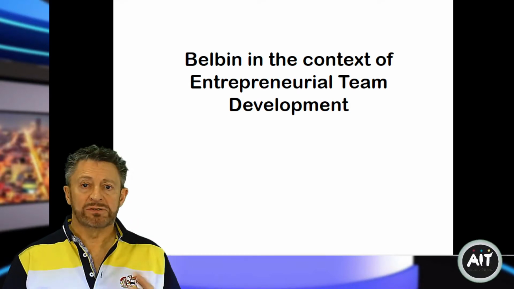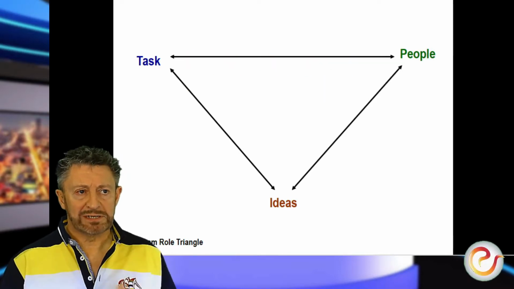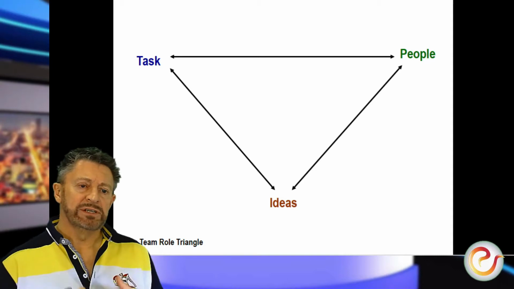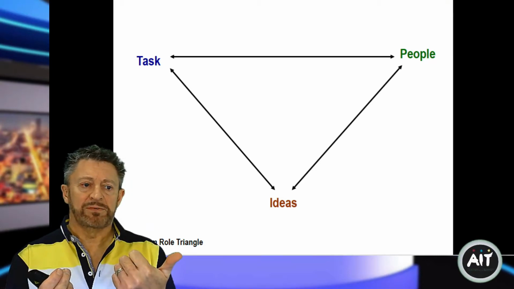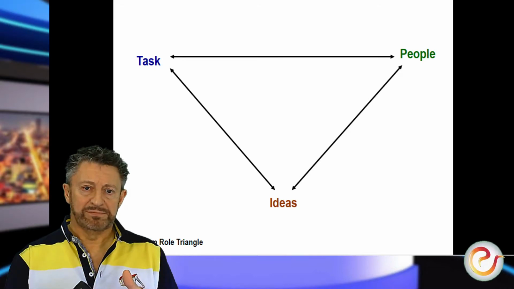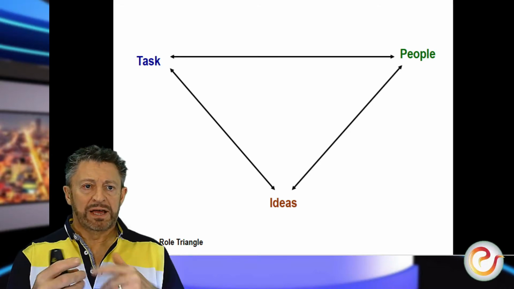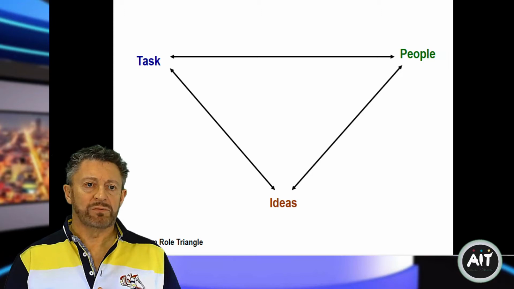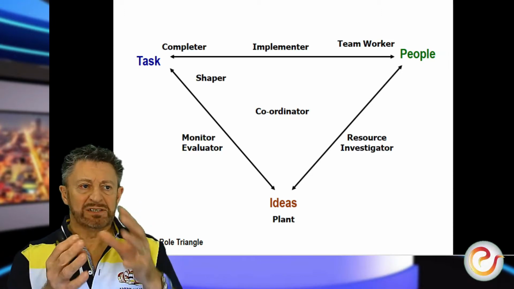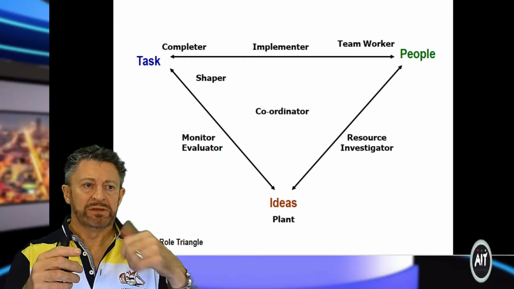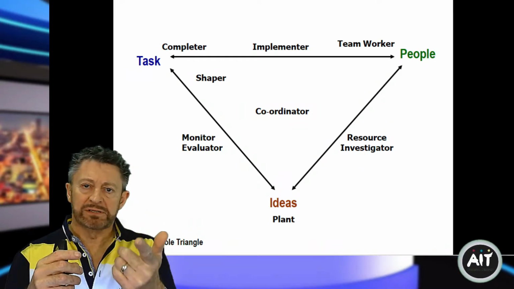So let's start delving into the real science and nuts and bolts behind what's happening inside teams. So you see here, you have three things. You have the people, you have a task that needs to be performed, and you have ideas down the bottom here. And you can see the arrows working in both ways. And what do you have here? These are the roles that generally fit into these. So between task and people, you have the completer, the implementer, the team worker.